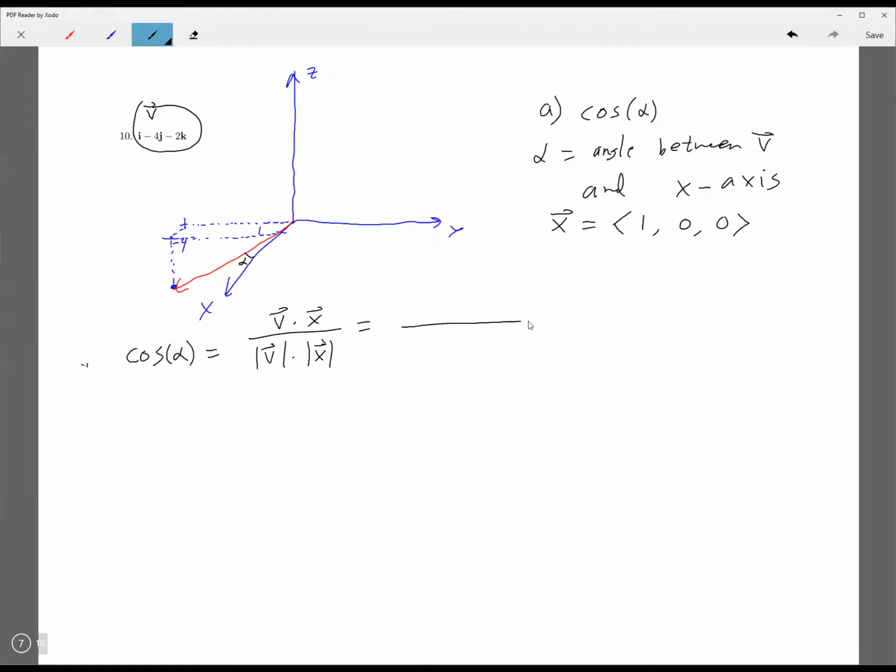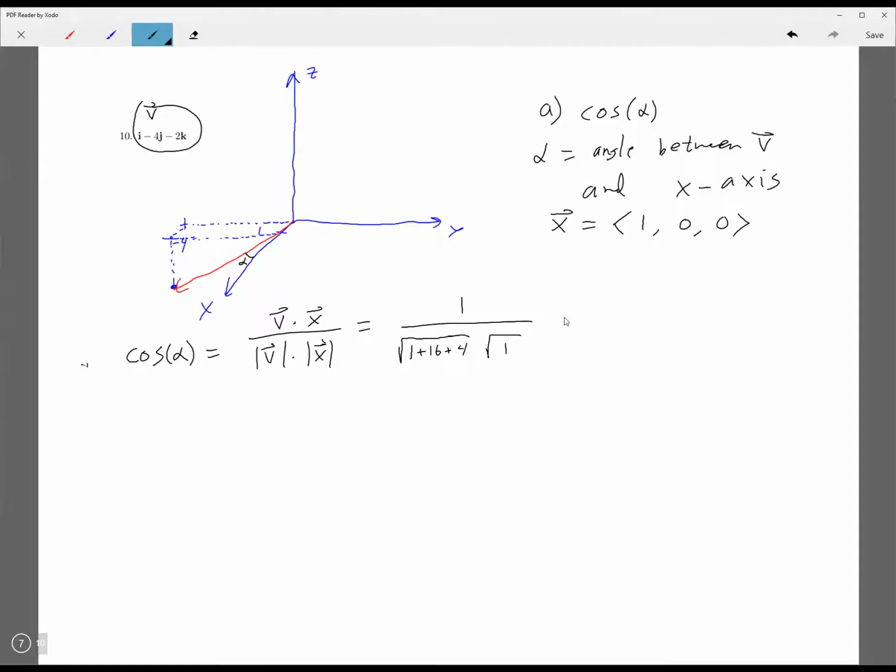Okay, so let's see. This vector dot product with that is what? Well, this is 0 here and here, so that makes things a little bit easier. So you don't have to worry about 1 times the 1 here. So that's just going to be 1. And then the magnitude of this vector is the square root of 1 squared plus 4 squared plus negative 2 squared, which is 4. And then this one is just 1.